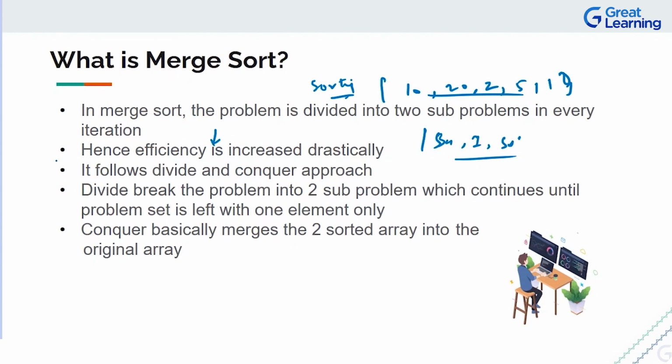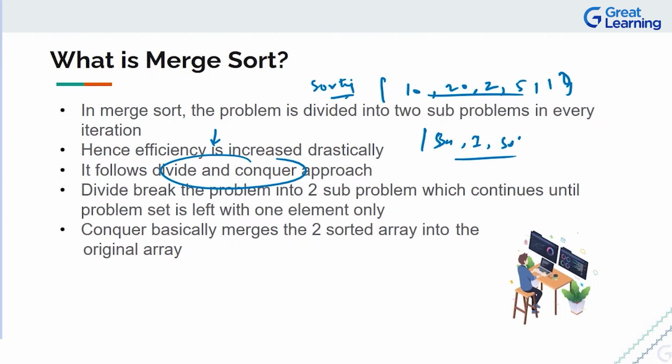Now, it follows the paradigm of divide and conquer. What does this mean? This means that first you keep on dividing your sub problems, and then you conquer those problems, and then you combine those things. Okay. So herein, you divide your sub problems, and then when those sub problems are conquered, that means in this example they are sorted, you then combine them.